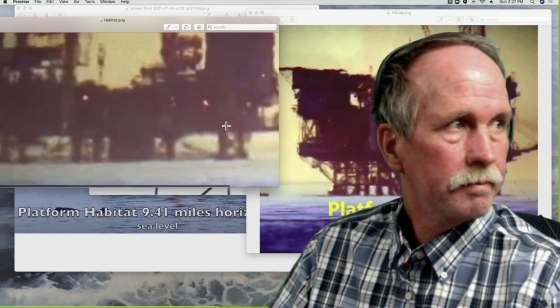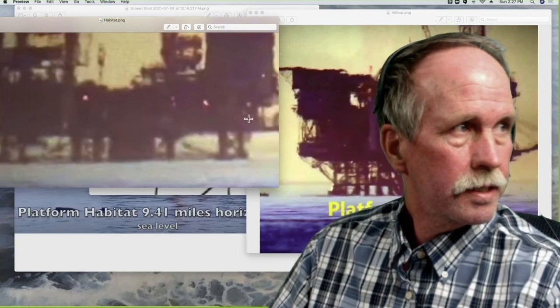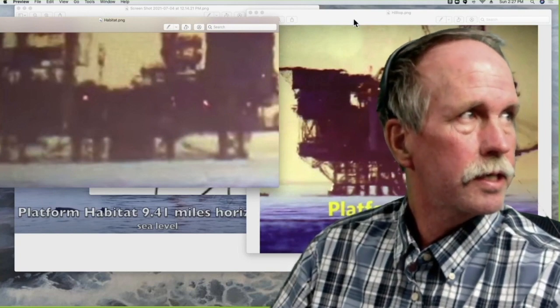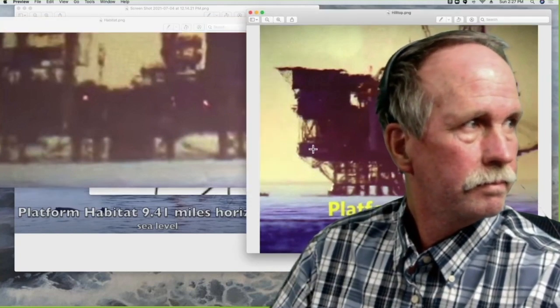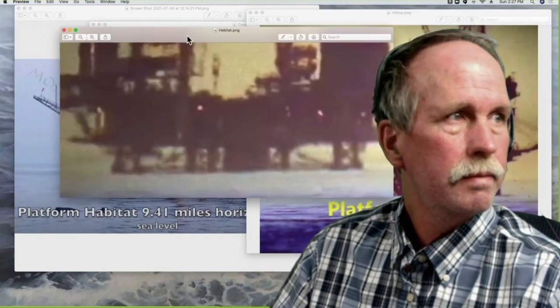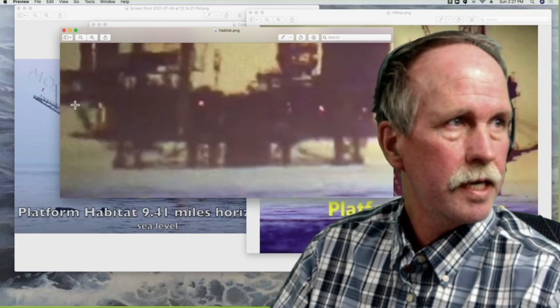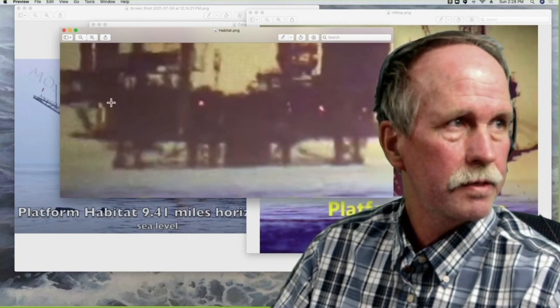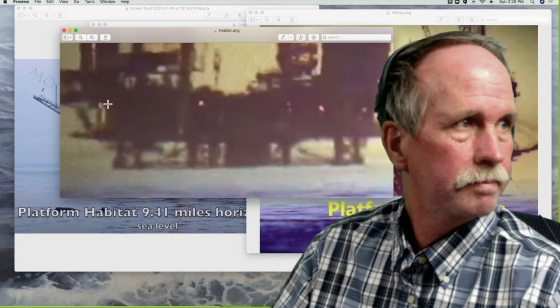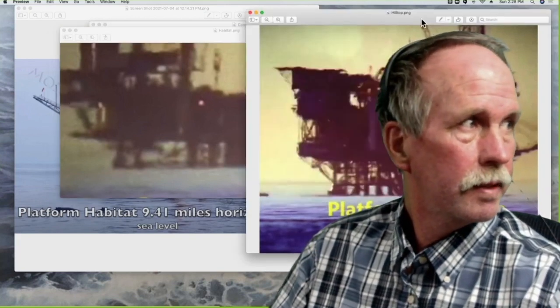So let's see if we can figure out where the working deck is here. So on this one, we decided that that was 40 feet, and we decided that that level right there was 57, right? We decided that that was the bottom part.